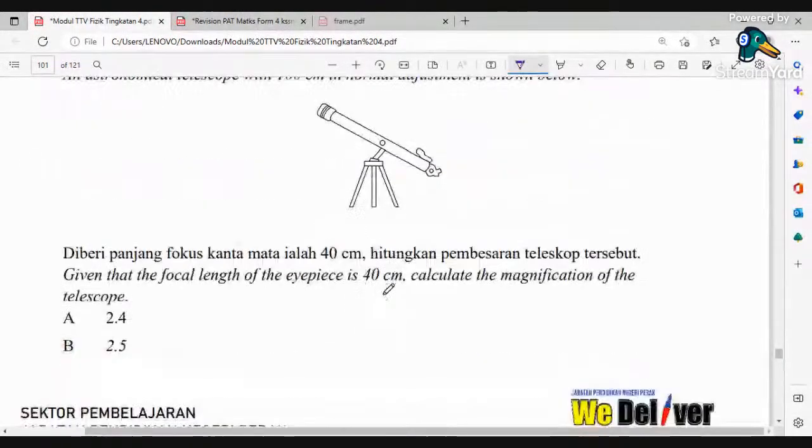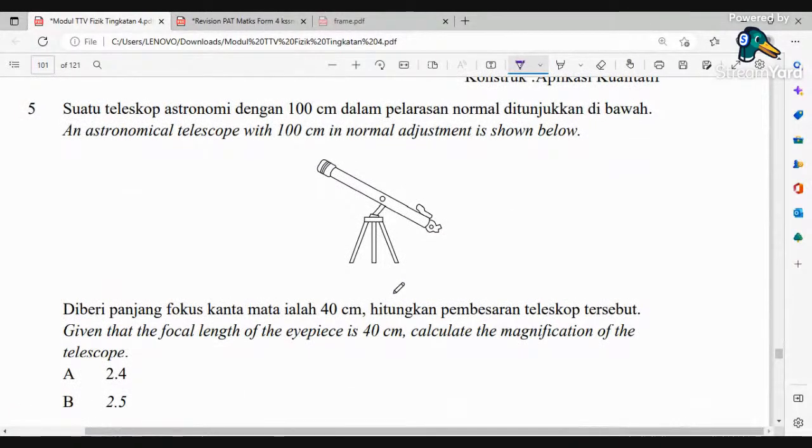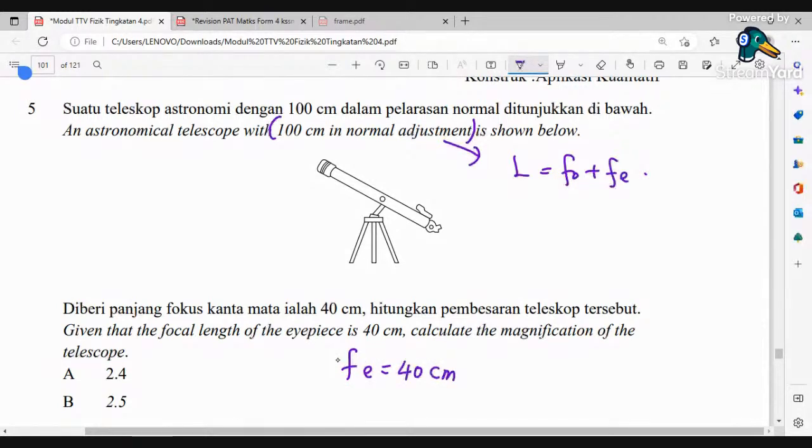Number 5, astronomical telescope. 100 centimeter, normal adjustment. L equals FO plus FE. Given that focal length of eyepiece, FE, is 40 centimeter, calculate magnification.